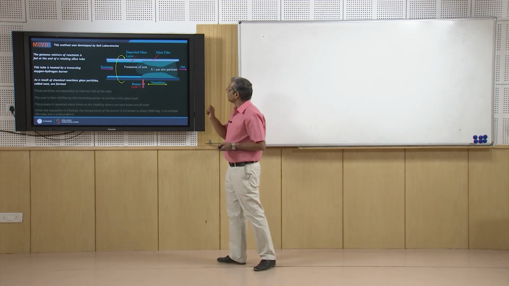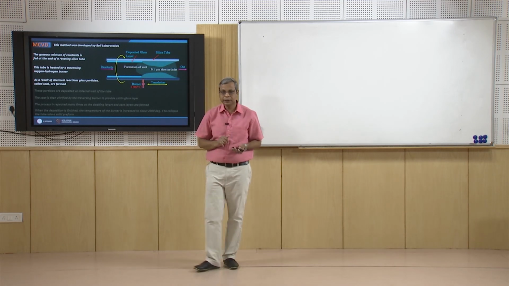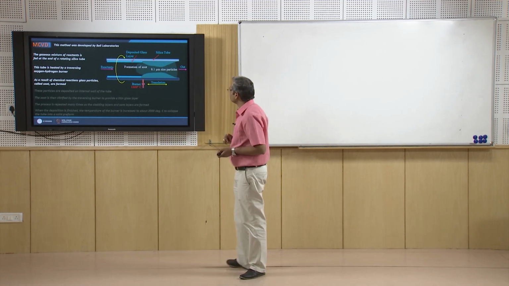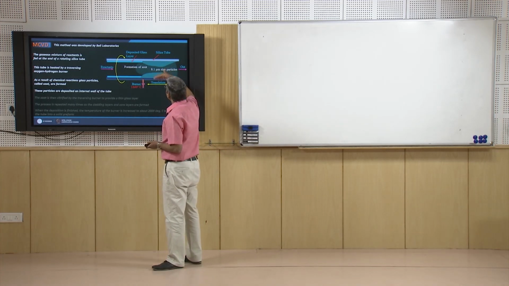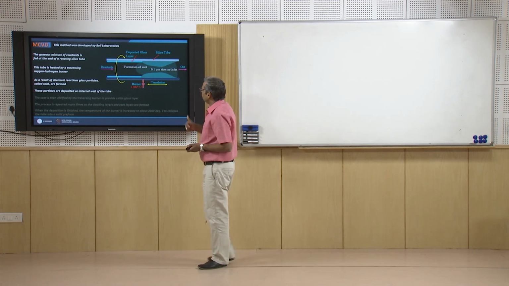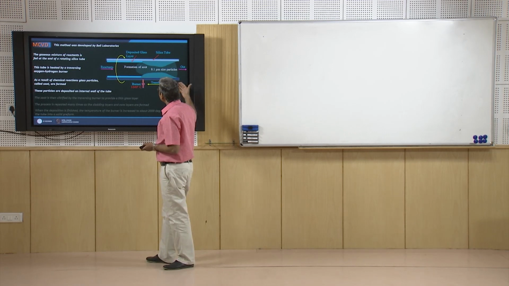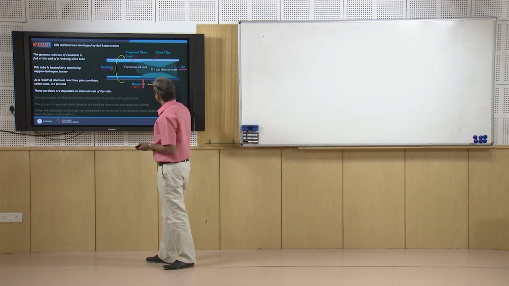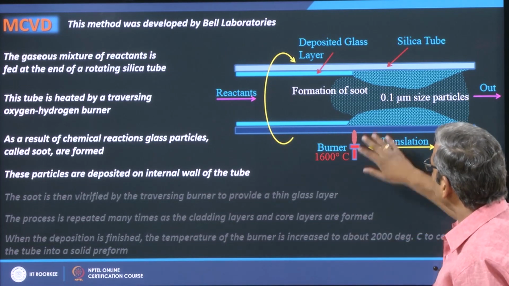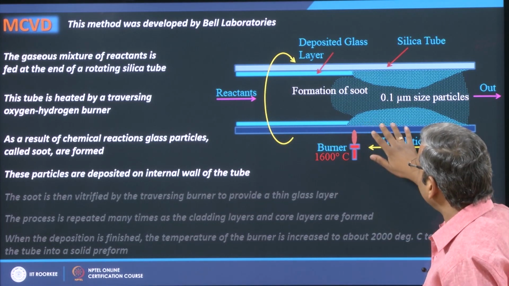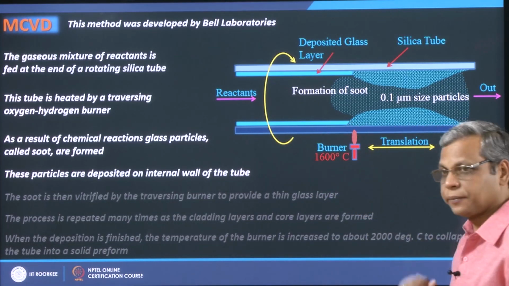These glass particles have a typical size of around 0.1 micrometer, and these particles are called soot. These particles are deposited on the internal wall of the tube, and when this burner translates along the tube at 1600 degrees centigrade, these particles are vitrified and form a thin glass layer.